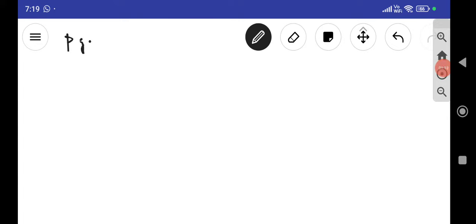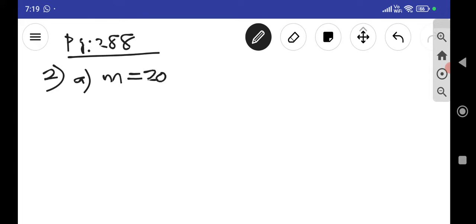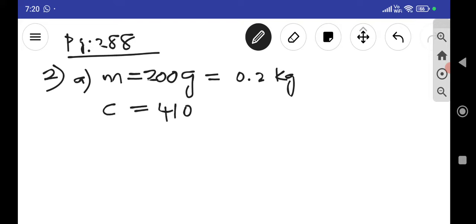Now in page number 288, question number 2. So what is given here? They have given M is equal to 200 grams. We have to convert in kg, so we get 0.2 kg. Then specific heat capacity C is given as 410 joule per kg per Kelvin.